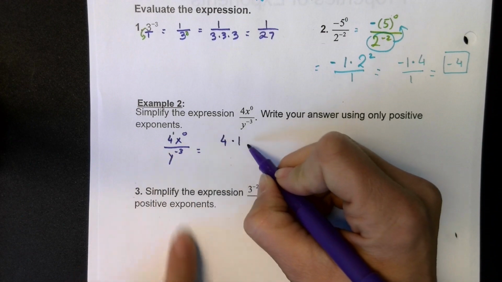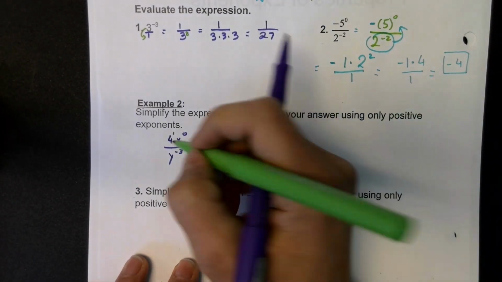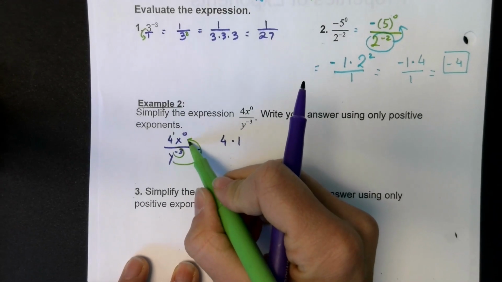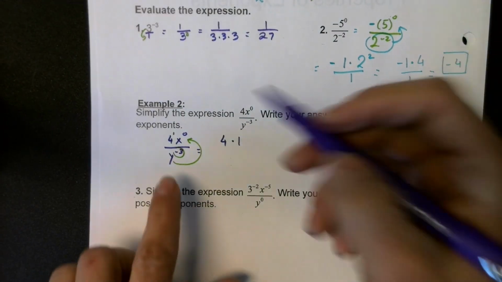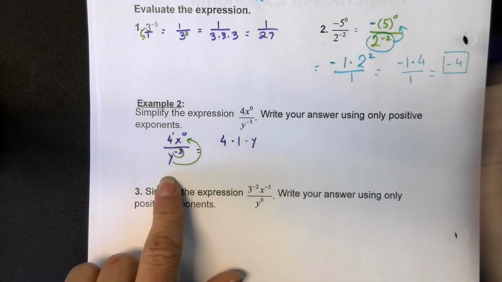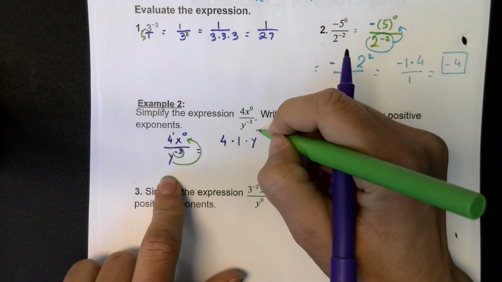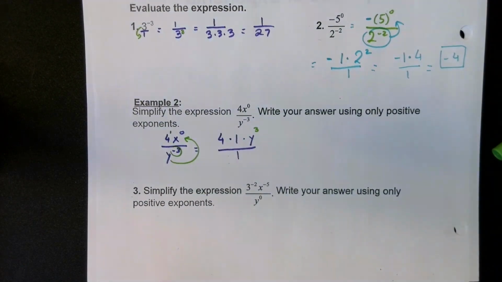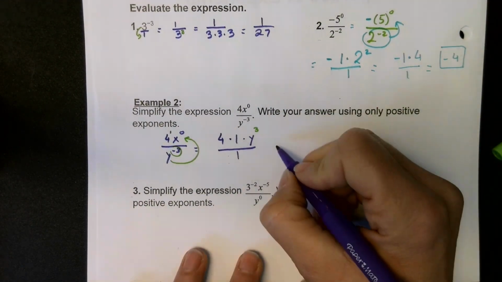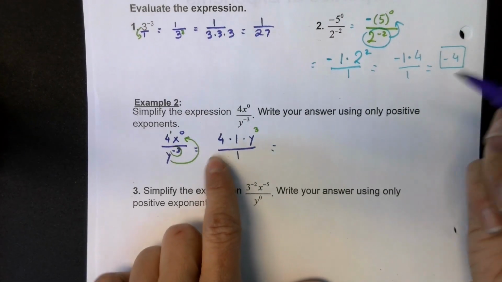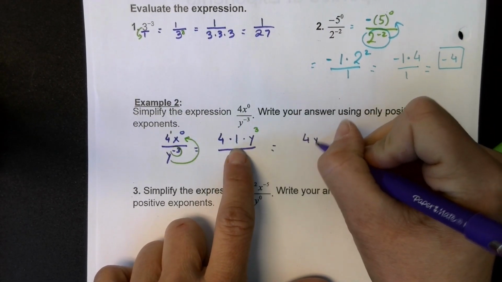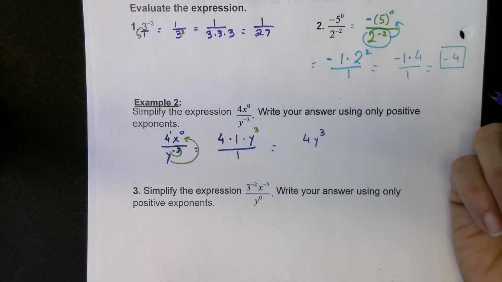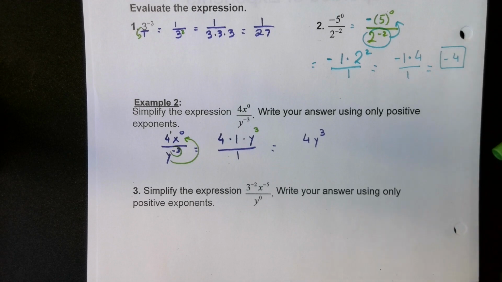Anything to the power of 0 is 1. And then what do we have to do to get rid of this negative 3? We have to move all of this into the numerator. So times y, and now our 3 becomes positive. If you want, you can have that 1 underneath, just because you're learning, but you can actually drop it. So if you simplify it, 4 times 1 is 4. Y to the 3rd, and that's your final answer. That's your simplest form.